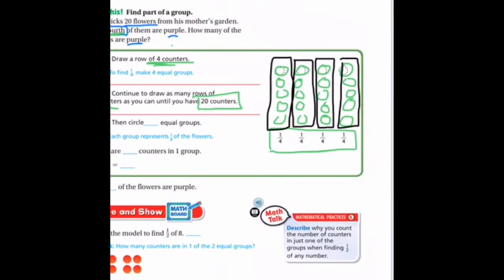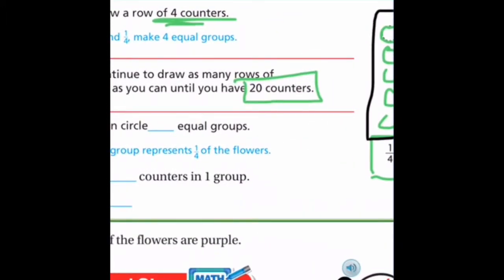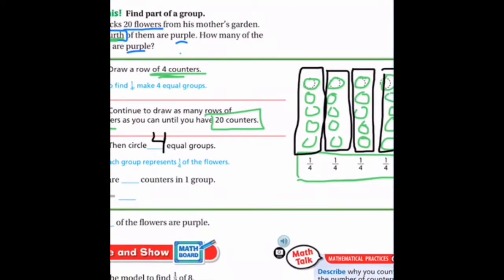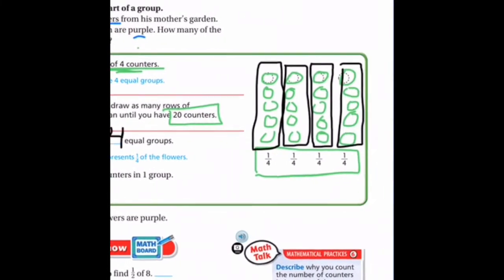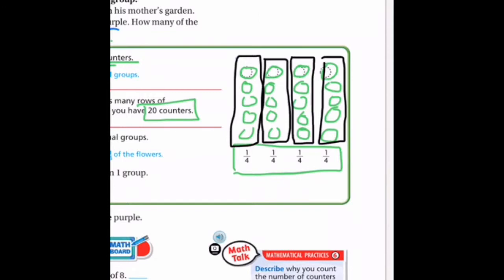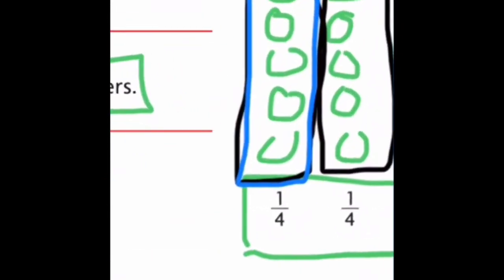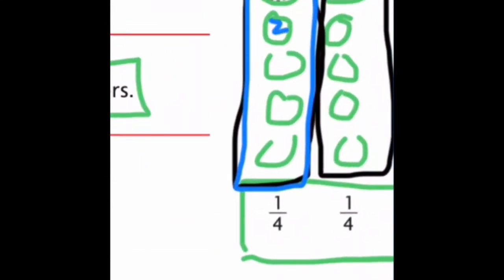So then we circle the 4 equal groups. And how many counters are in just one group? So again, just look at one group. In that group I have, let me zoom in a little more, 1, 2, 3, 4, 5.